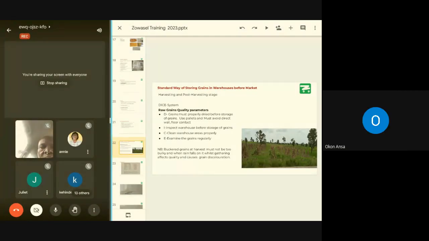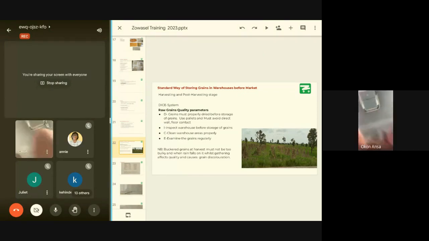Let us ensure that we use pallets, and avoid direct contact with the wall and floor. It's also important to inspect the warehouse before storage of grains, to clean the warehouse areas properly, and to ensure consistent examination of these grains regularly so as to avoid weevils attacking and destroying all those grains.